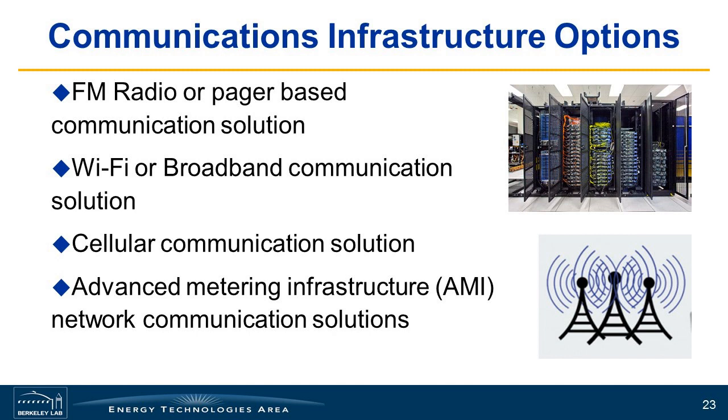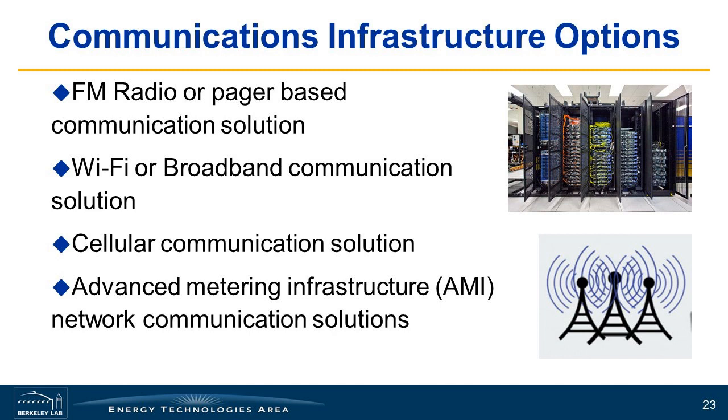There are four primary solutions used to send a dispatch signal to the end uses or to an energy management control system at a customer premise. This includes the FM radio or pager-based communication solution. It can include the Wi-Fi or broadband communication solution. Cellular is another viable option and increasingly popular. And then, of course, you can utilize the advanced metering infrastructure network communication.